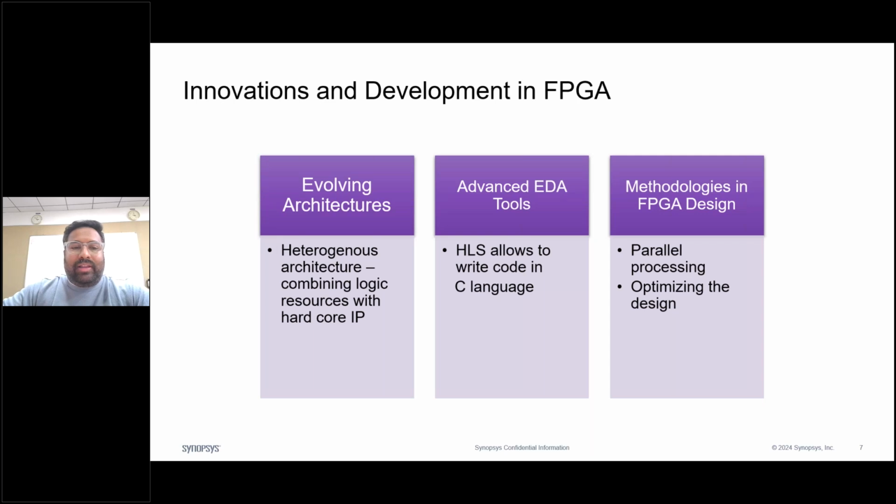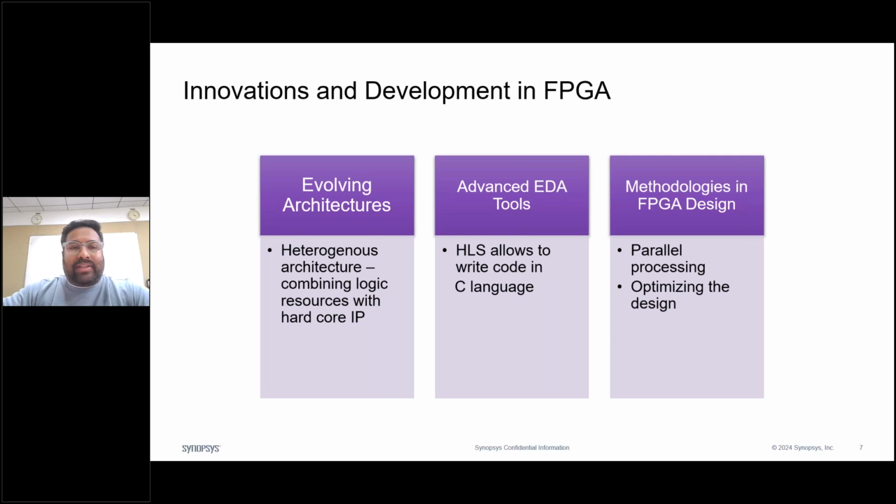We want this hybrid architecture to have the capabilities of an ASIC as well as reprogrammable FPGAs. We are also trying to implement hardcore IPs into FPGAs. And day by day we are evolving new technologies for a very innovative FPGA architecture.